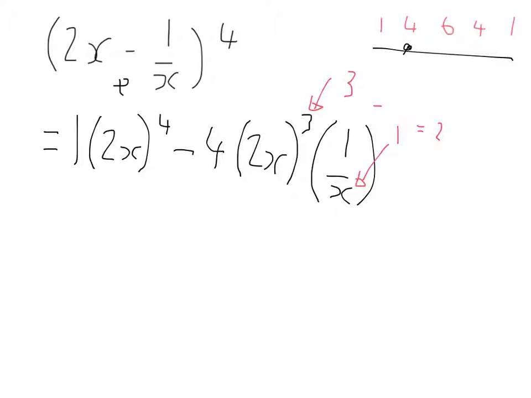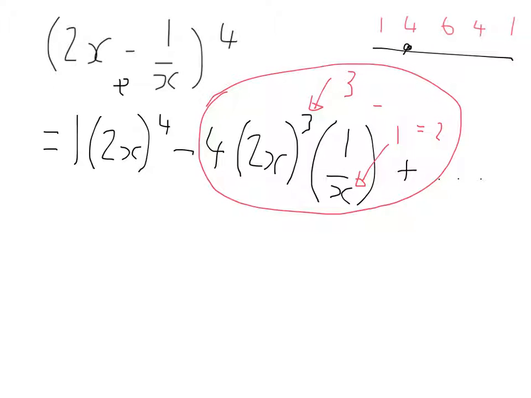This is going to give me my x squared term. So I don't need to go any further. I can just simply write plus dot dot dot, like so. So I have isolated the term that I need, like so. All I need to do now is concentrate on that term.